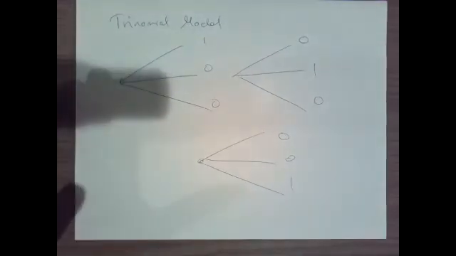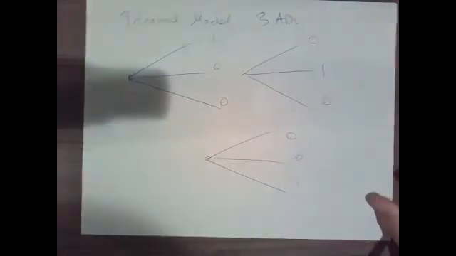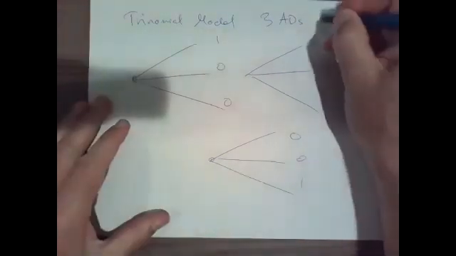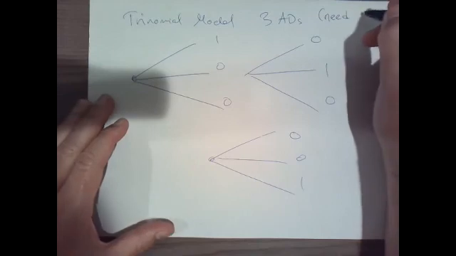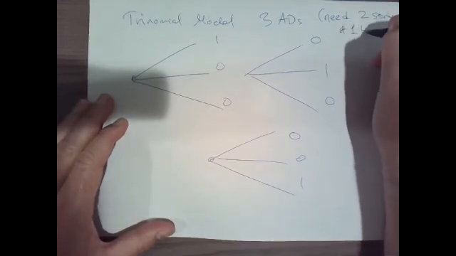Right, so then you have 3 Arrow-Debreu securities. You have 3 ADs. But in that case, what we said was there might not be enough equations, so then we need more stocks. You need 2 stocks and 1 bank.